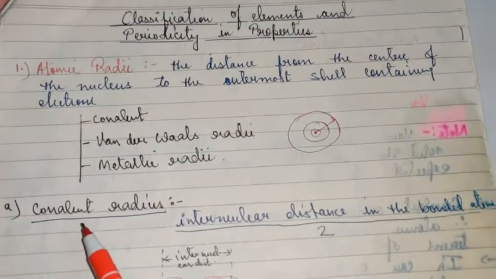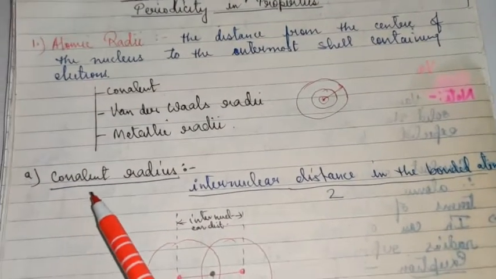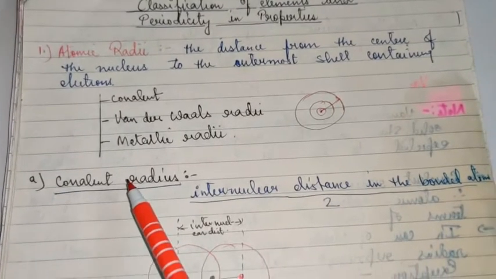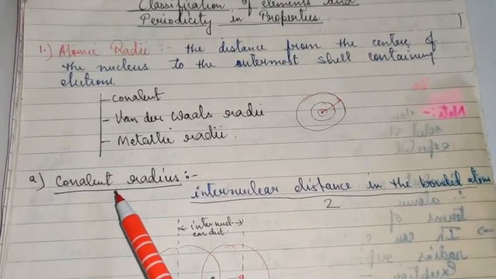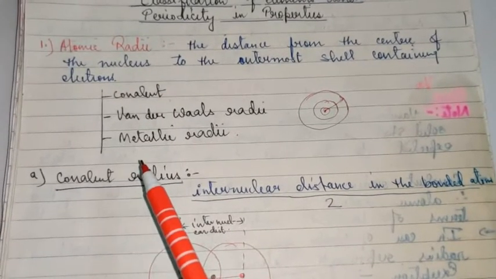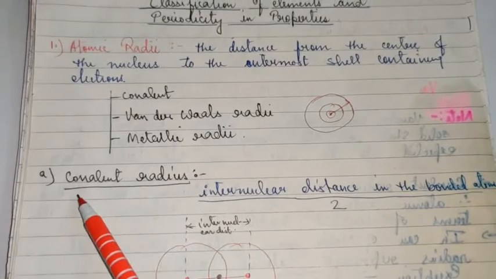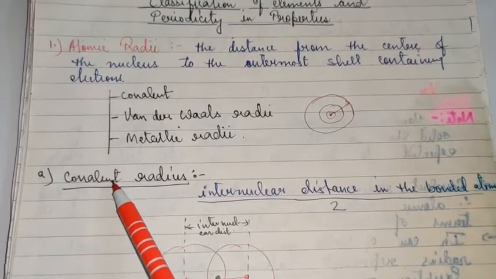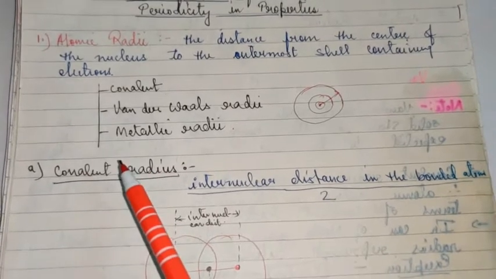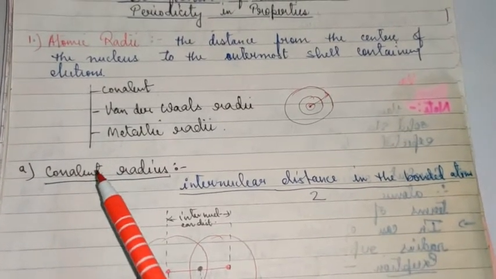So first of all, we will study about covalent radius. The covalent radius will be observed in covalent compounds, and the covalent bond you have studied in class 10 also. How do we define a covalent bond? The covalent bond is formed between two or more non-metals by mutual sharing of electrons.